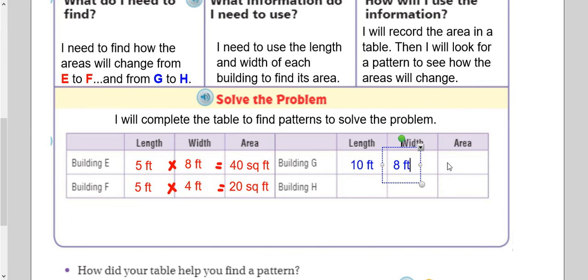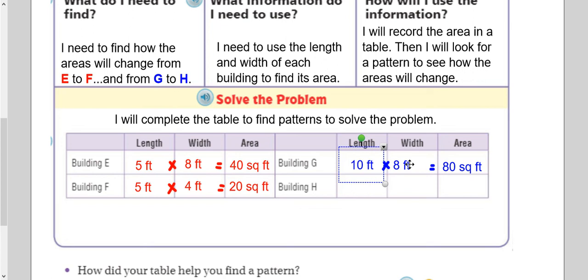And 10 times 8 is going to give us 80 square feet. So length times width, 10 times 8 gives us 80.